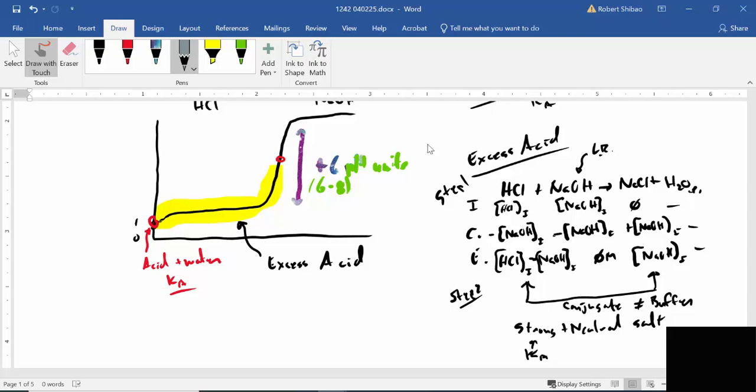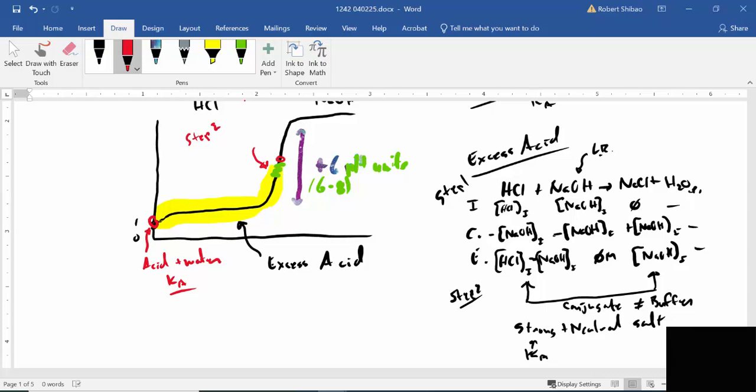Here, in this particular case, let me do this in green. When I look down here, step 2 is okay. However, when I get here and look at step 2, step 2 is still excess acid, but we have so little excess acid that the concentration is going to be very small.